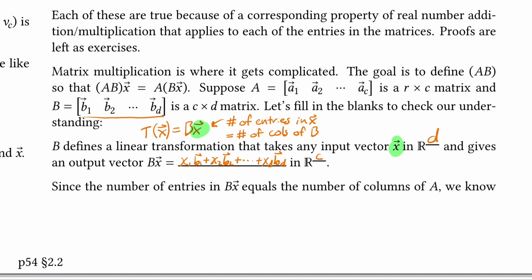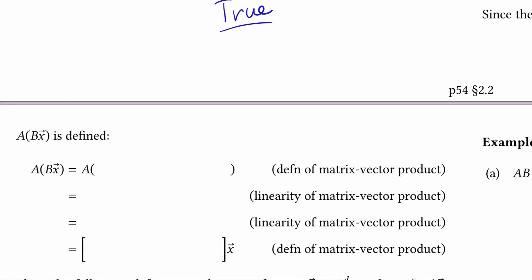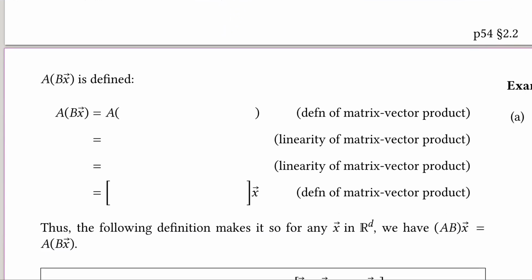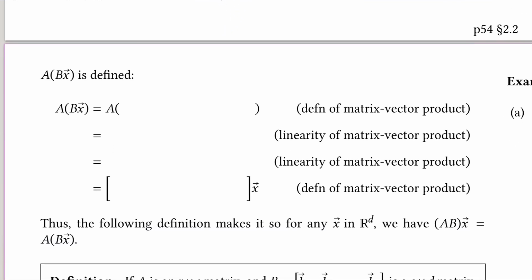Now, we're saying that A times B times x is well defined here, right? So in order to do that, the number of entries in Bx has to equal the number of columns of A. So, scooching over here, A times the quantity Bx is defined.